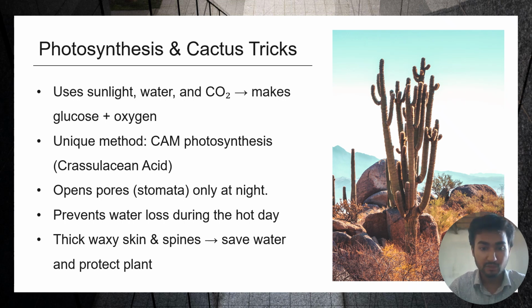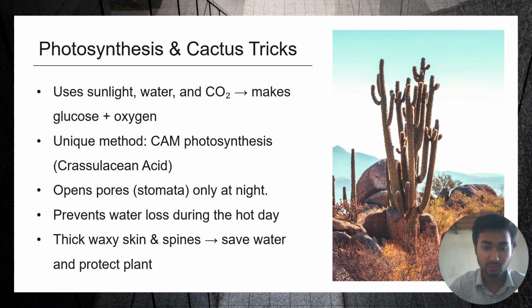Instead, it uses carbon dioxide from the crassulacean acid that it has stored inside it. This CO2 comes from this acid, which it creates at night: at night it opens its pores, the stomata, and takes in carbon dioxide, which is then stored as an acid that is used in the day for the photosynthesis process.